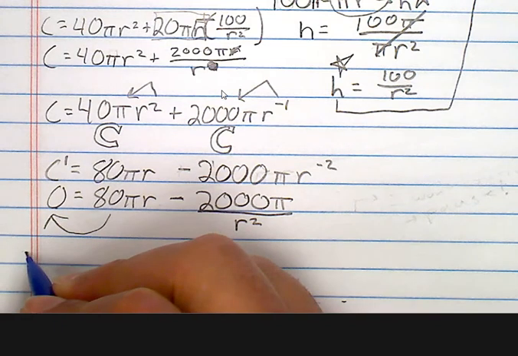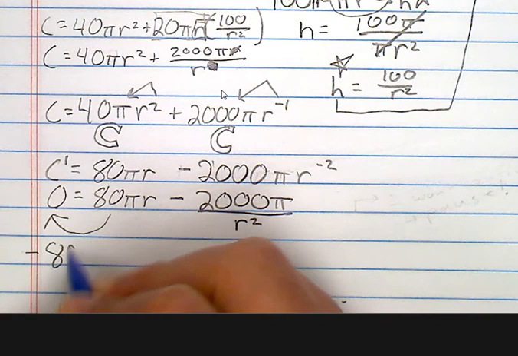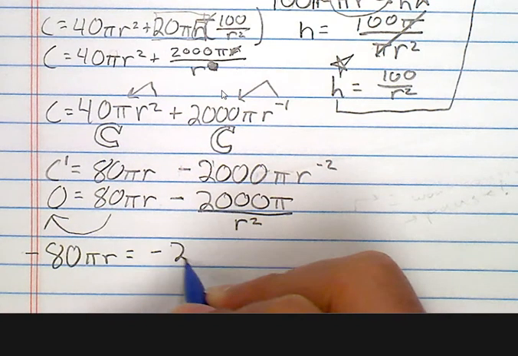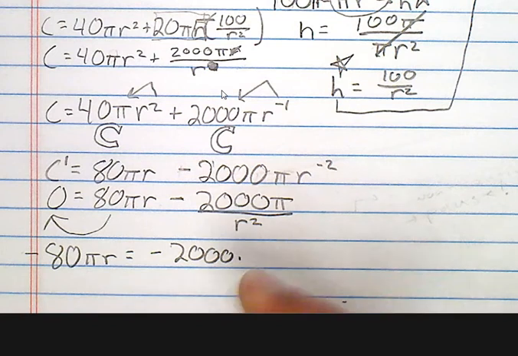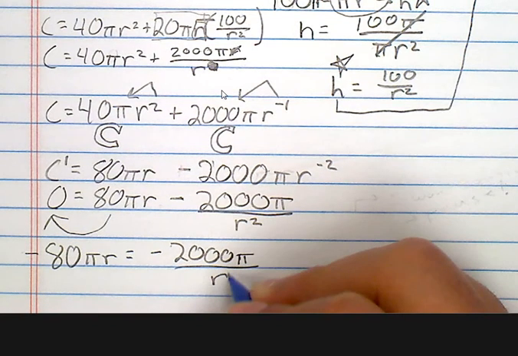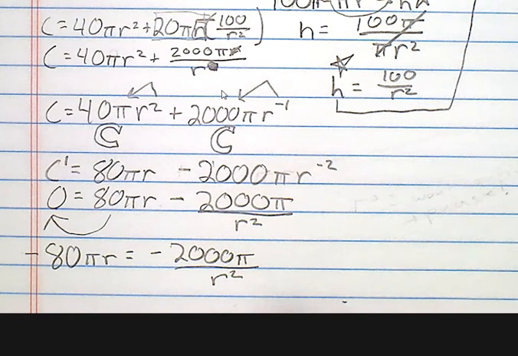We end up with negative 80 pi R equals negative 2,000 pi over R squared. And if you multiply both sides by R squared, it should be easy from there on out. You can divide by negative 80 pi after you multiply.